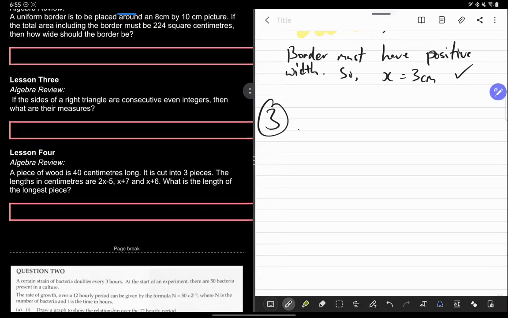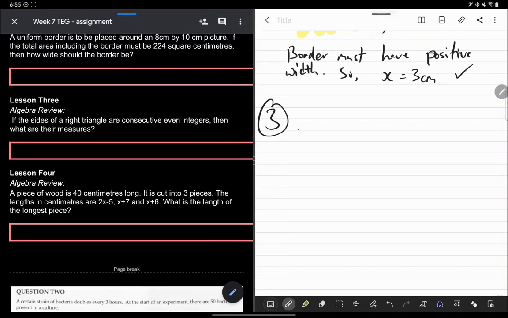Number 3. If the sides of a right triangle, a right angle triangle, are consecutive even integers, consecutive and even, then what are their measures? Okay, we know that this length has to be the longest one. It's a right angle triangle.